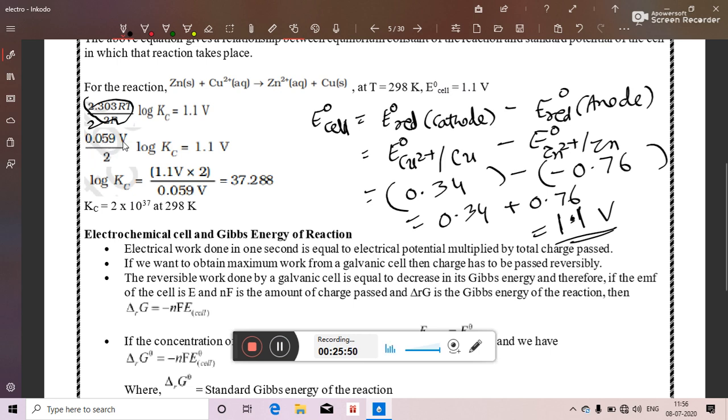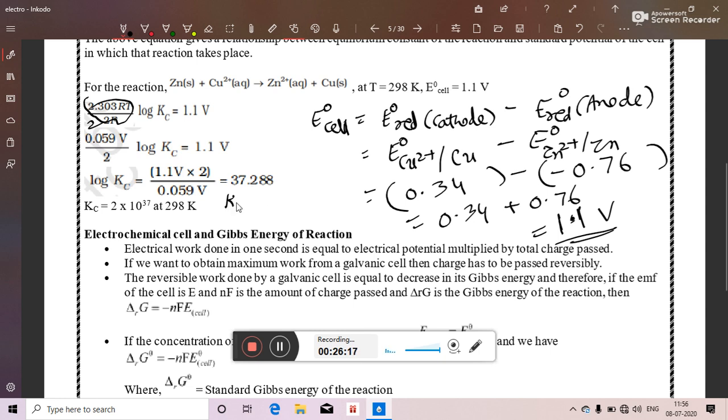N is not constant; for different cells, n is different. Here in the case of the Daniell cell, n is 2. So 0.059 upon 2 log Kc equals 1.1 volt. So log Kc equals 1.1, and this whole ratio becomes reciprocal on the other side, into 2 upon 0.059. That is equal to 37.288. So log Kc is 37.288.